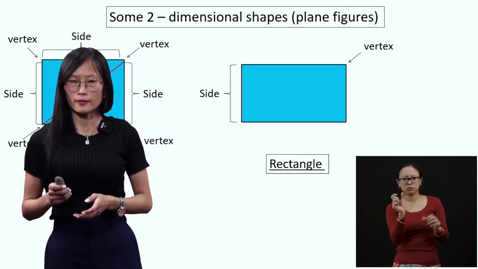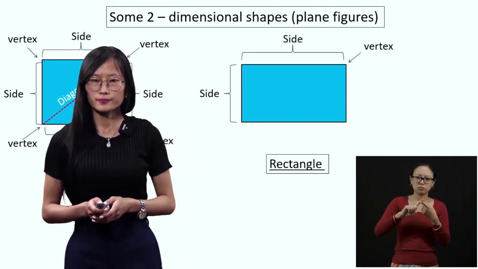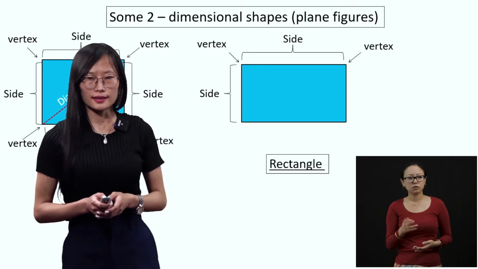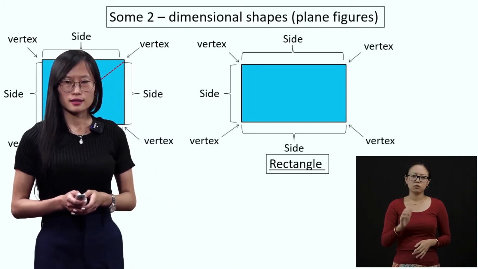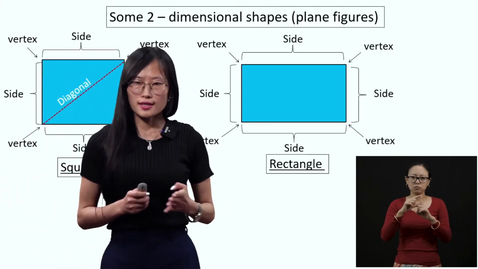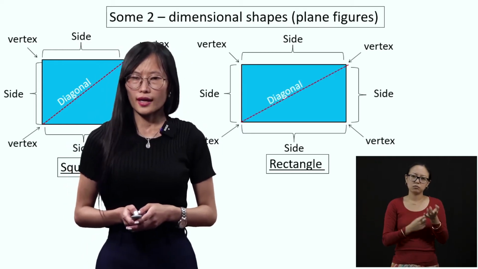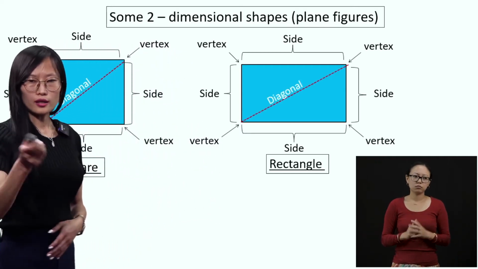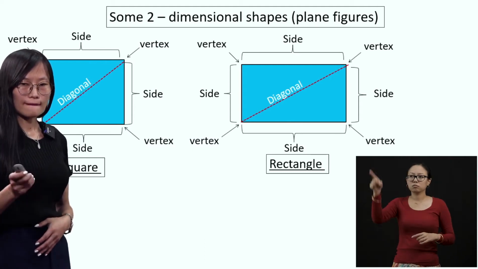Where two lines meet is called a vertex. This is another side, another vertex, side, vertex, and side. So we have four sides and four vertices, and the line joining opposite vertices is called the diagonal. So we have two diagonals.